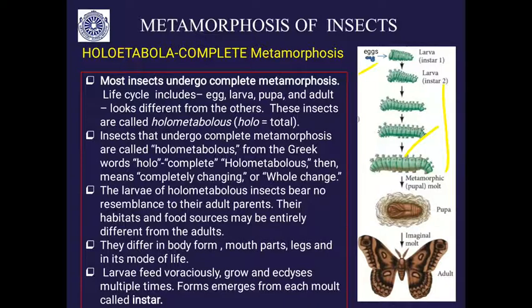The habitat also. So where you find the caterpillar developing, it is different from where you find the butterfly form. So larvae feed voraciously, grow and undergo ecdysis multiple times, that is you can see there are several instar larvae, then emerge from the molt into the adult.